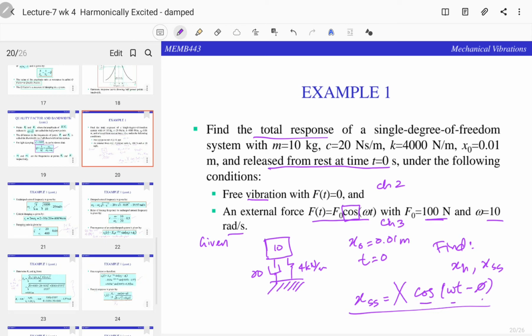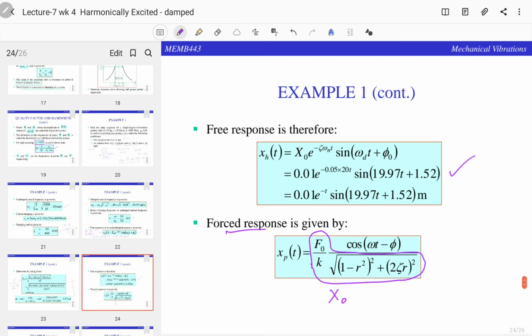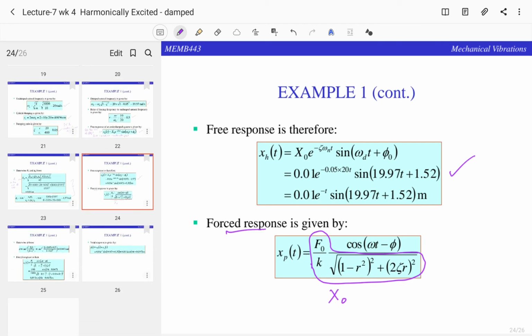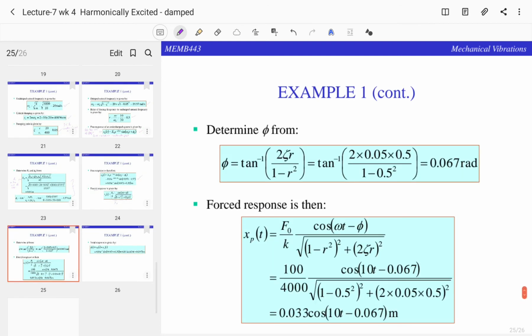So you have to substitute into this equation in terms of phi. This is how they calculate the phi and your F naught divided by K. This term here is basically your capital X. So you can calculate and substitute the values.